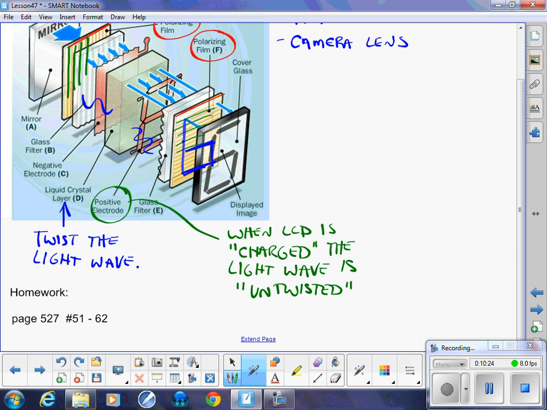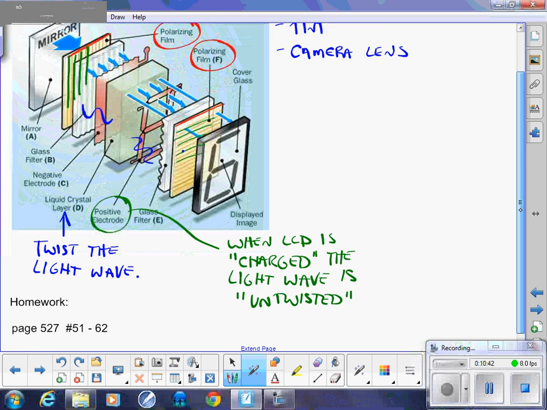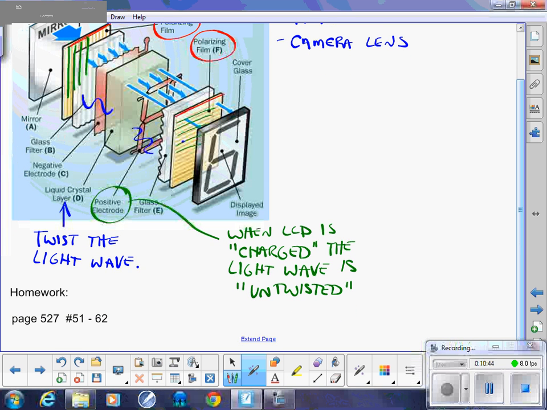And the reason is because when they came through here, that charge untwisted the light wave and had it strike it. So LCDs are a prime example of where you would see Polaroids. Most of you have probably heard of Polaroid sunglasses. And like I said, tint, camera lens, and I hope probably you guys could come up with a bunch more.